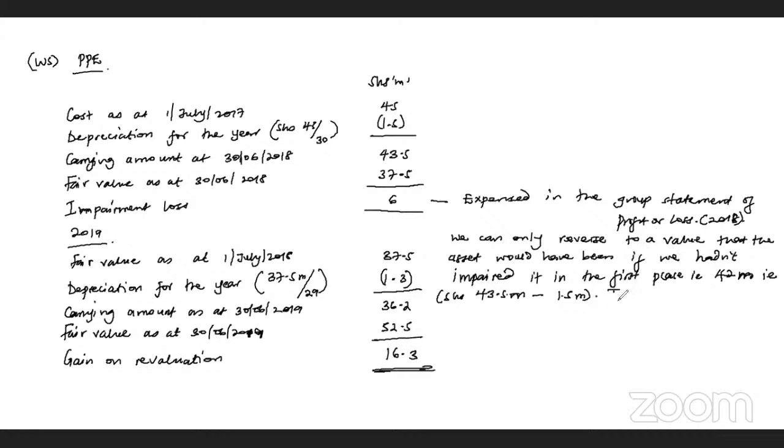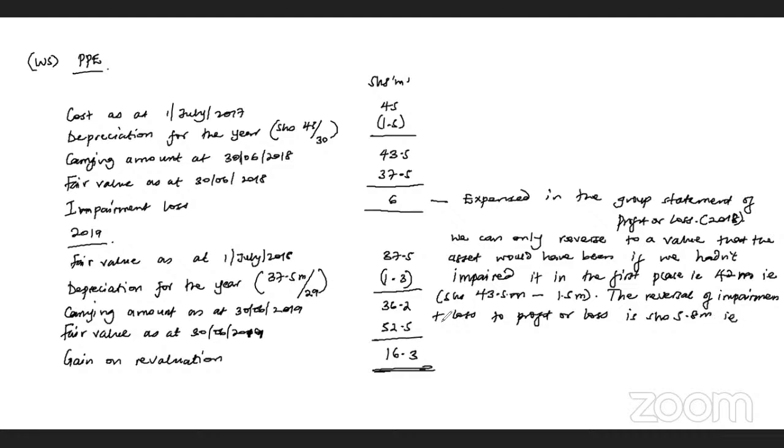So the reversal of the impairment loss to profit or loss will be 5.8 million.